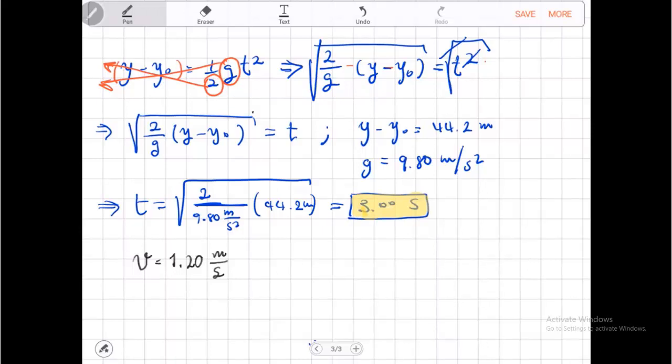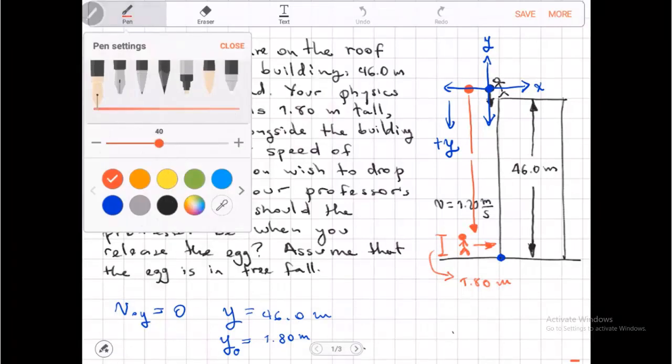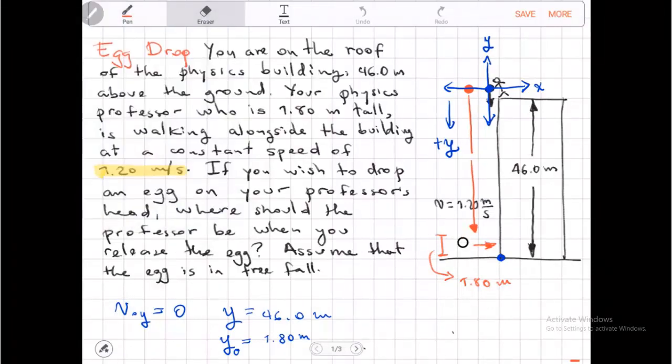We have to be careful here because he starts walking from this point.